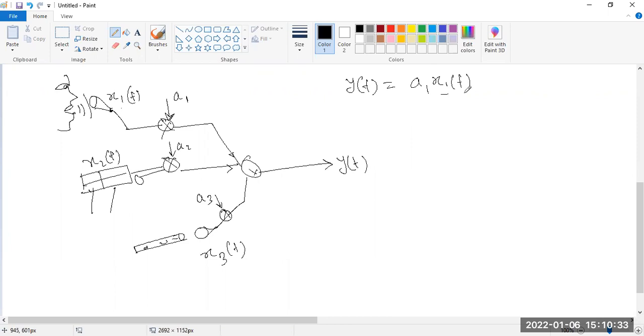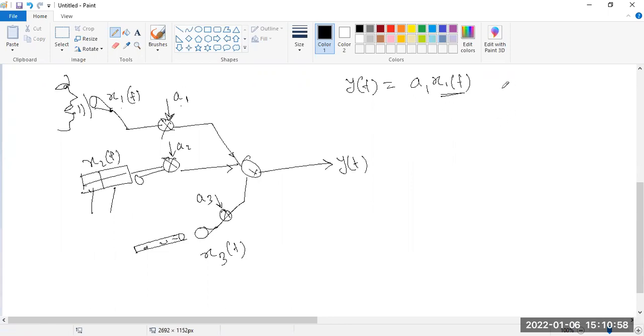Your original signal is x1, but if we multiply it with this amplitude, meaning some integer, your amplitude will be increased. So this amplitude multiplication, a1, is your gain. In your music system, whenever you increase your volume, you move your knob.